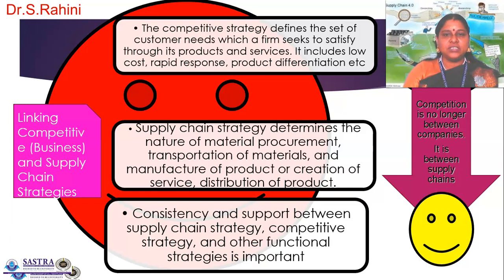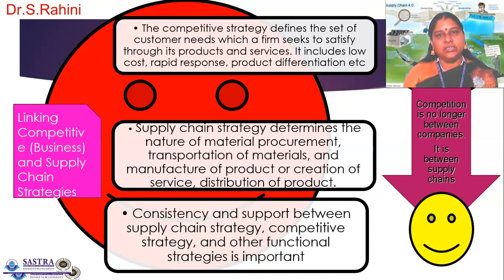And consistency and support between the supply chain strategy, competitive strategy, and other functional strategies is important, because the strategies are nowadays focusing on the supply chain process. It is giving more importance to who is going to give the supply very easily, very quickly, and at a lower cost.